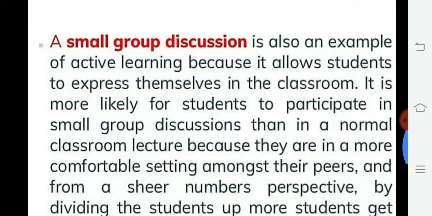2010. A small group discussion is also an example of active learning because it allows students to express themselves in the classroom.